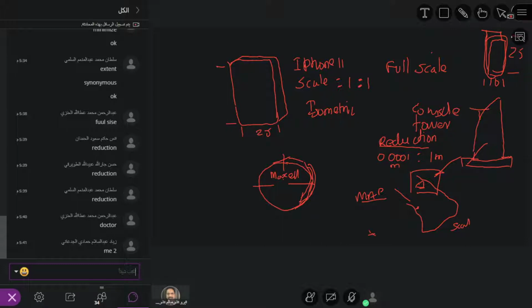Can you draw a mosquito on a paper? You cannot even see it. So you enlarge it 10 times, then you draw the big mosquito here. That is an enlargement scale. You understand? Good. So this is enlargement scale, reduction scale, and full scale.